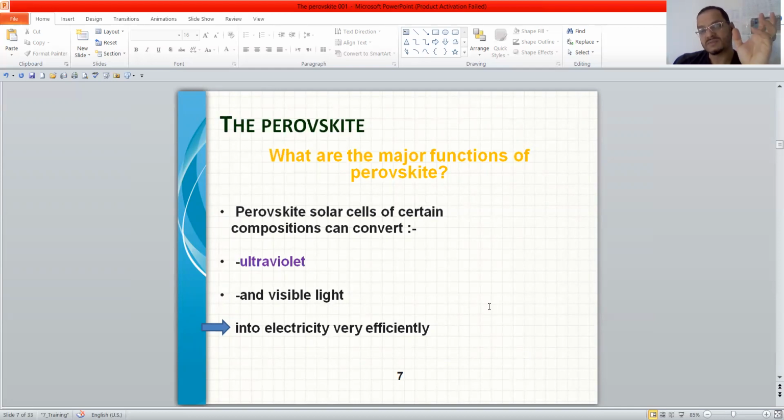That means we can absorb more light, more different wavelengths. That means we can gain more usable electric power, converting visible light into electricity very efficiently.